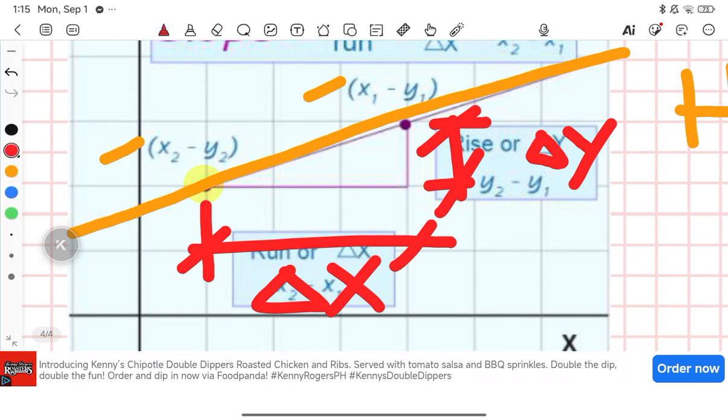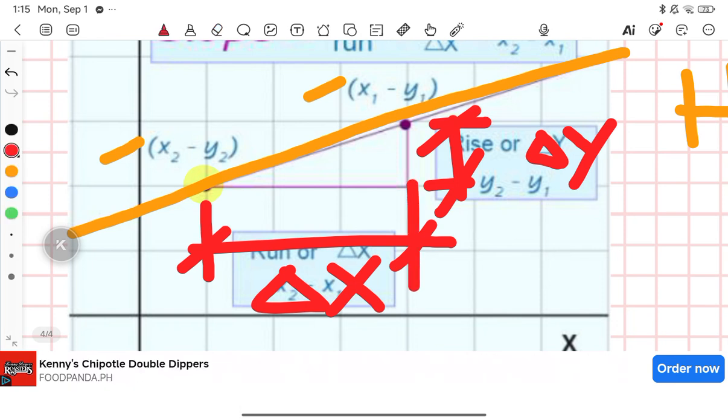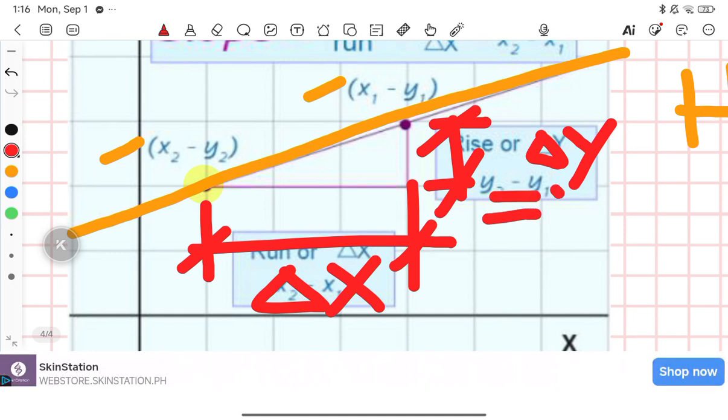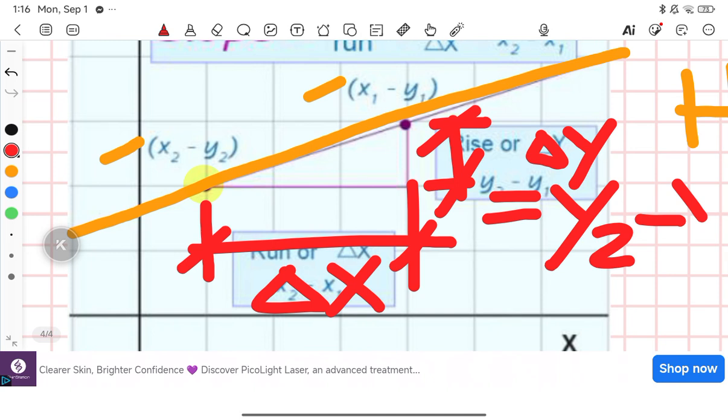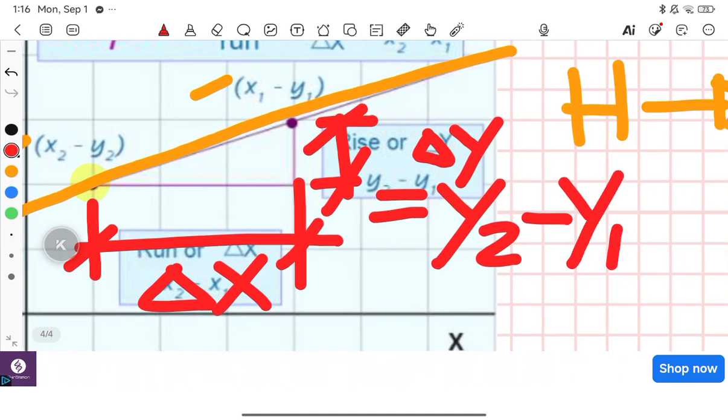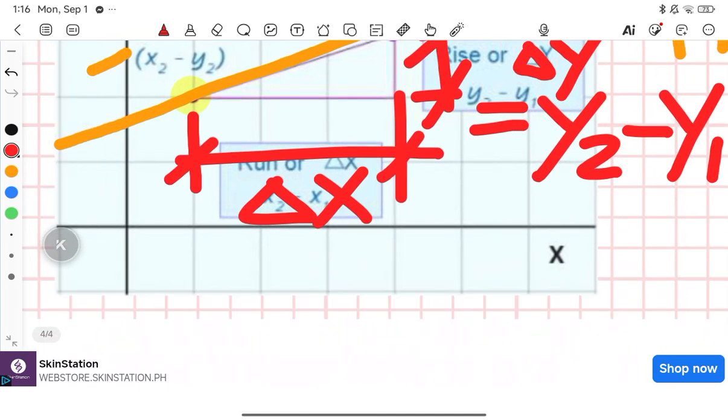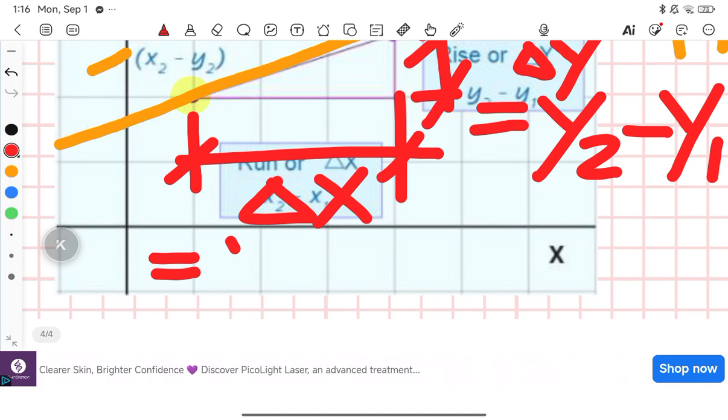So, how do we get the delta y? Simply, we get delta y by subtracting the values of y2 and y1. Tapos, si horizontal naman, we will get by subtracting the values of x2 and x1.